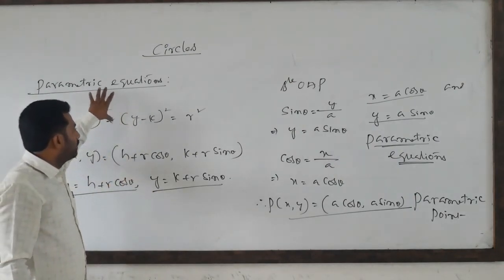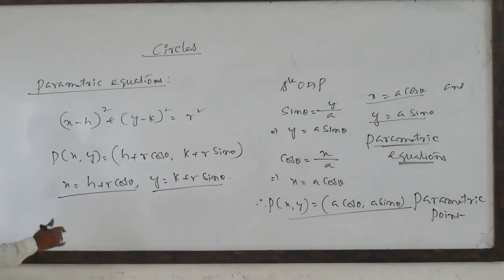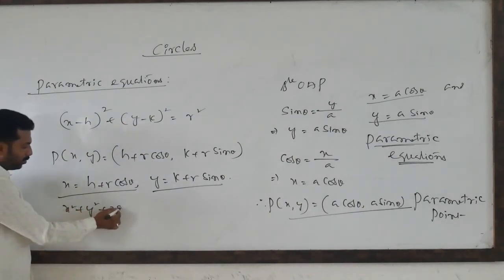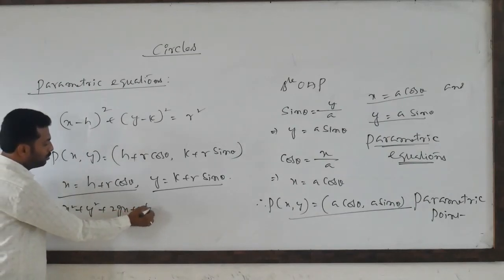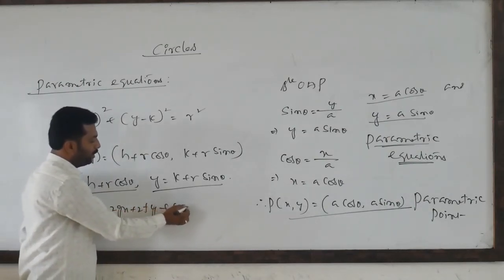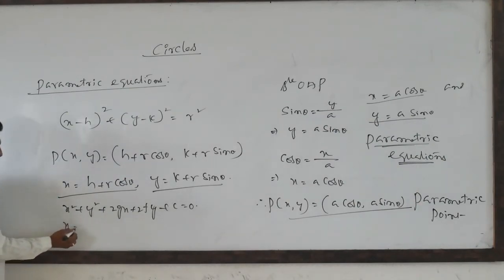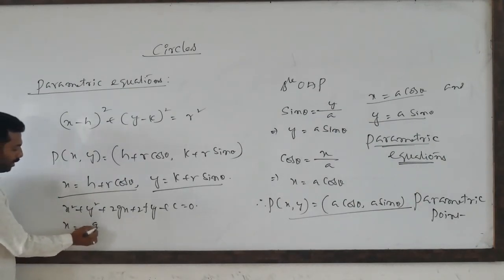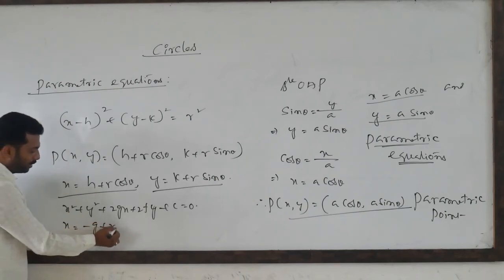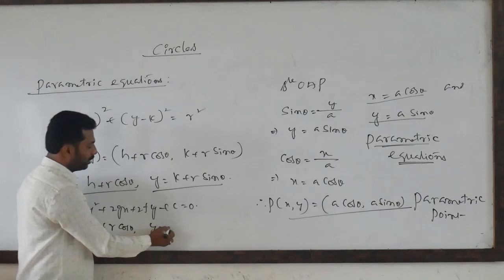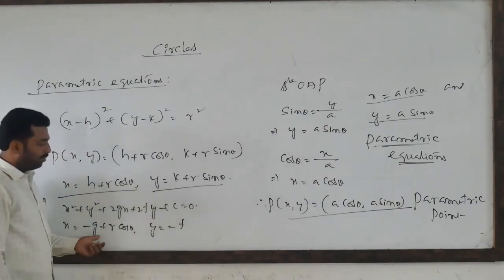Whenever the center is not at origin, suppose this circle x square plus y square plus 2gx plus 2fy plus c equal to 0 is there. What are the parametric equations? The center is minus g comma minus f.